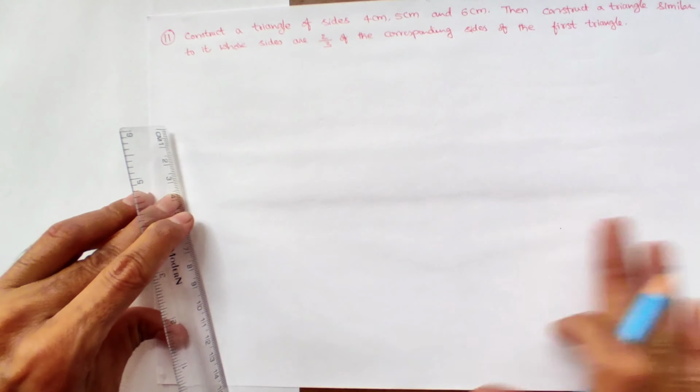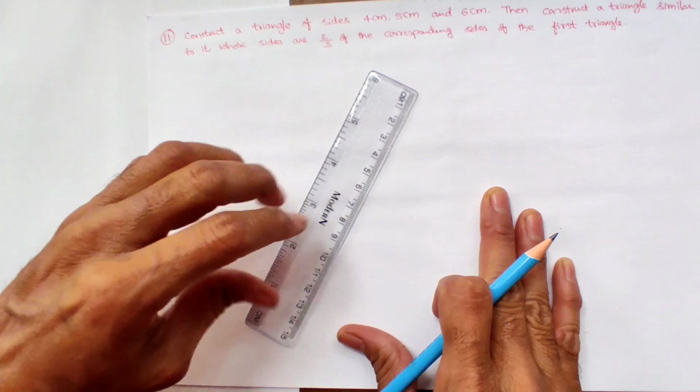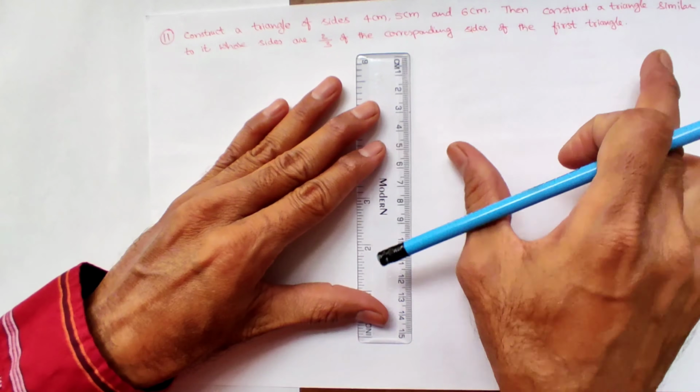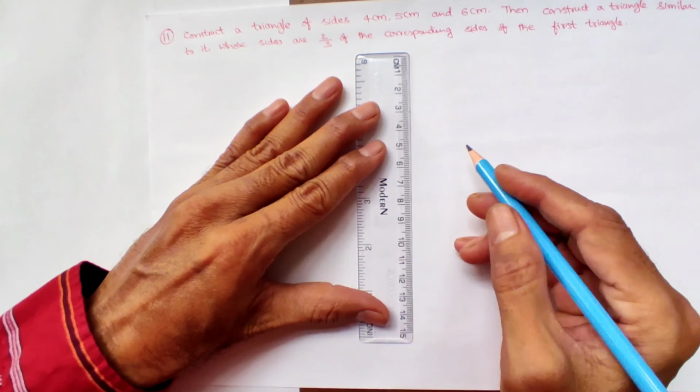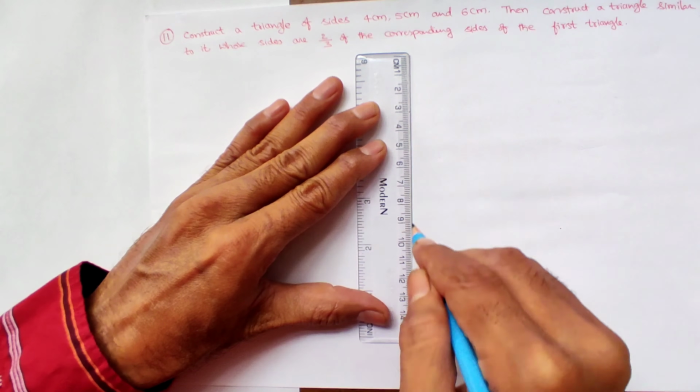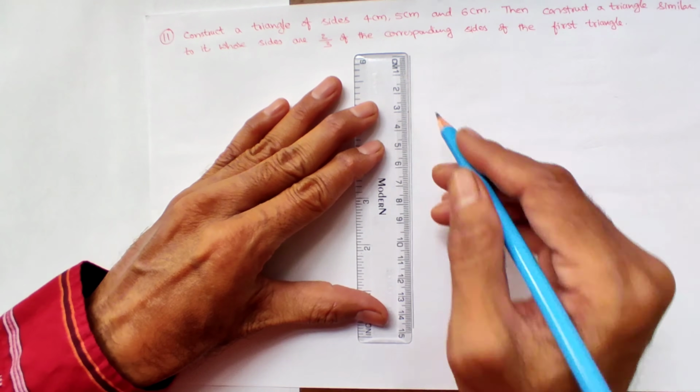Before that, we are going to divide this space into two parts, in which in one part we are going to do the construction and the other part is for steps of construction. So here let us divide this space into two parts.